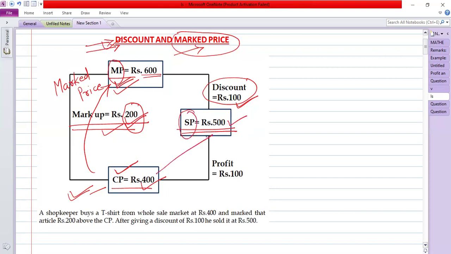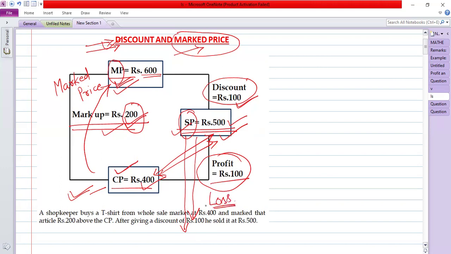Now, the difference between the selling price and cost price is our profit, and the profit is rupees 100. And if by chance the selling price goes below the cost price, then obviously that will be a case of loss.